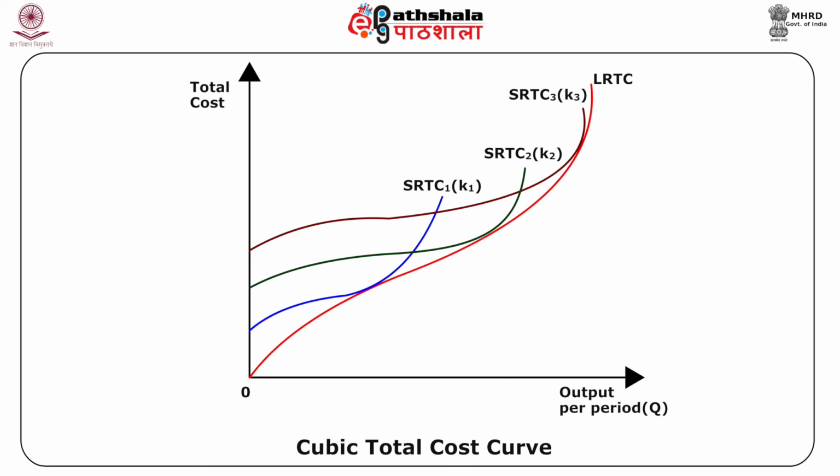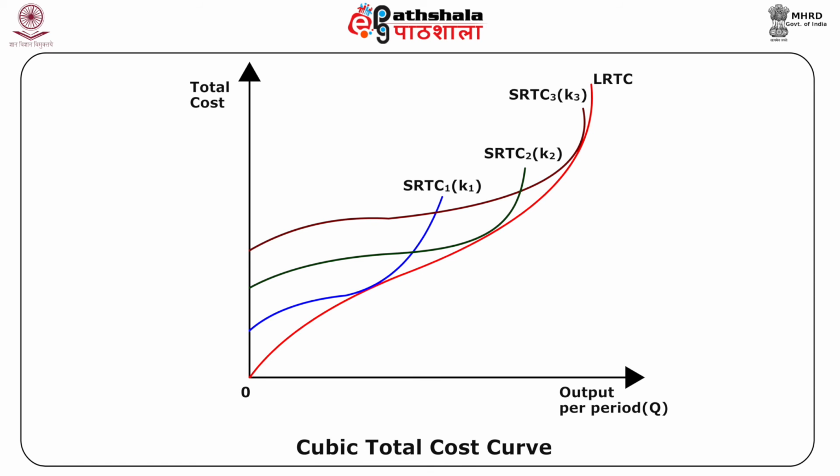Hence, the long run total cost, LRTC, is always less than or at most equal to short run total cost, SRTC, that is, LRTC is less than or equal to SRTC.